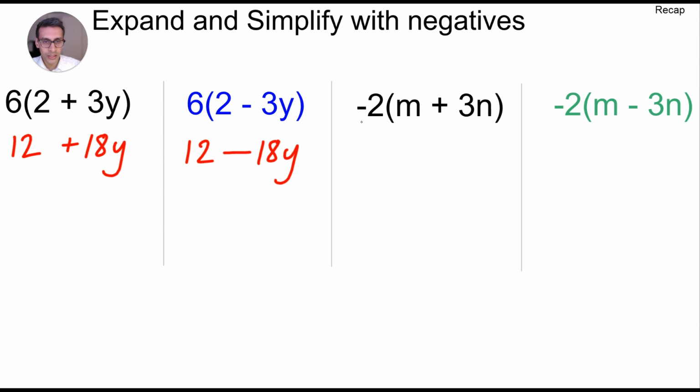The third question, negative 2 times m is negative 2m, and negative 2 times positive 3n is going to give you negative 6n. And then finally you've got negative 2 times m, which is negative 2m, and then negative 2 times negative 3n. So focus on the numbers first. Negative 2 times negative 3 is positive 6, and then there's an n there as well. Hopefully you got those all correct.